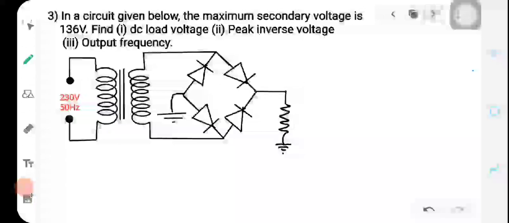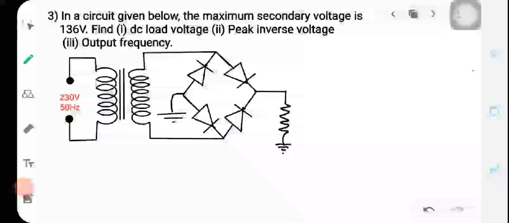Let's read the problem. In the circuit given below, the maximum secondary voltage is 136 volt. That is, here we are applying 230 volt RMS value, but we are not given the RMS value of voltage, we are given the maximum secondary voltage, 136 volt. That is, Vm is 136.